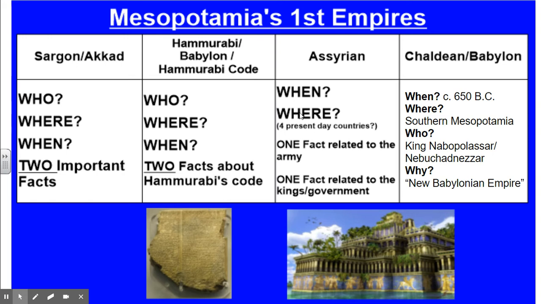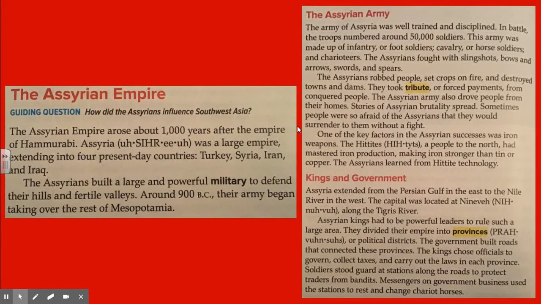And the Assyrians, again, not too much going on here. There are a couple of options for the win, so I'll skip ahead here for those guys. It does say the Assyrian Empire arose about 1,000 years after Hammurabi. So if you literally put that 1,000 years after Hammurabi, that's fine.